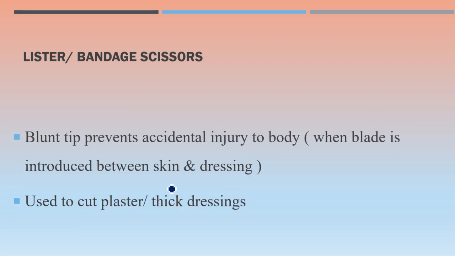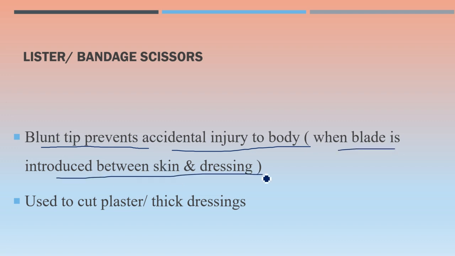Then, what is the role of this blunt tip? This blunt tip prevents accidental injury to the body whenever the blade is introduced between skin and dressing. Whenever we want to cut plaster dressings, this blunt tip prevents injury during that cutting, right? And what is the use? Used to cut plaster or thick dressings.